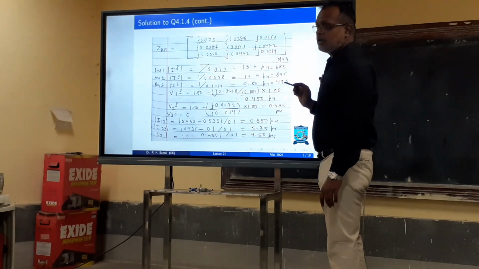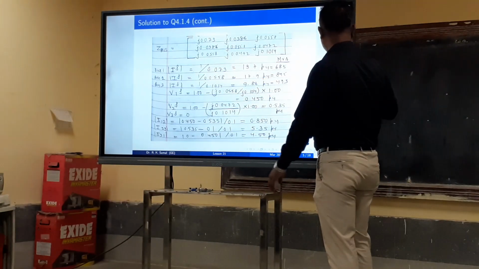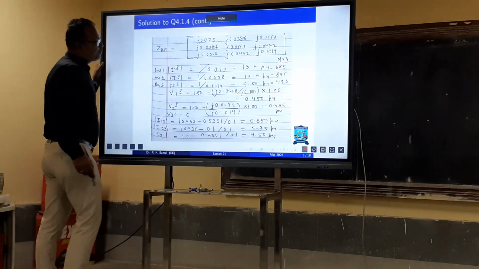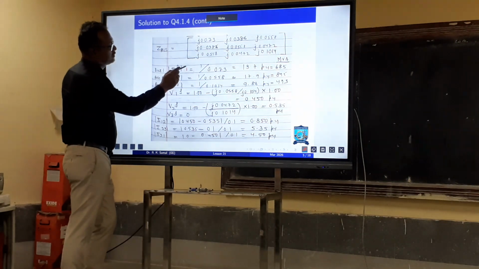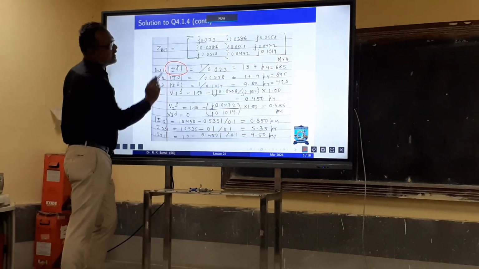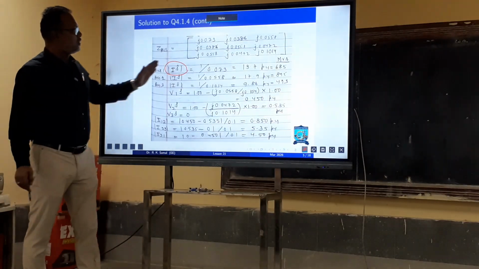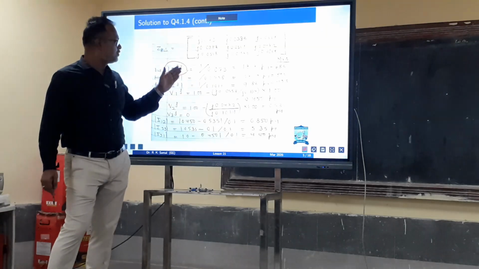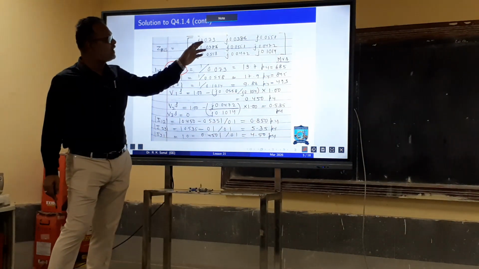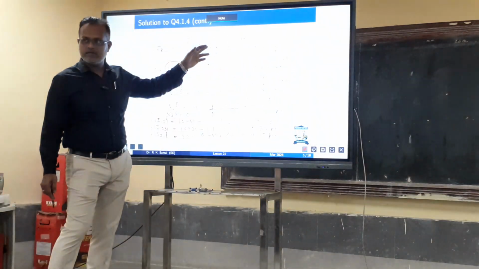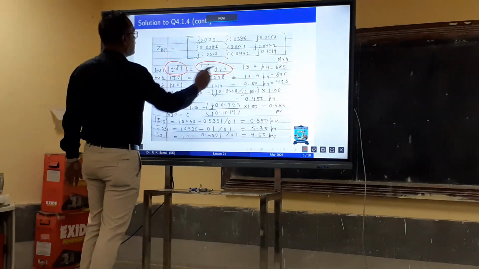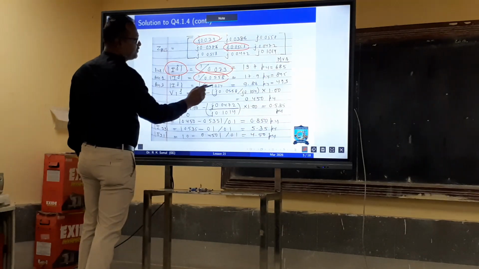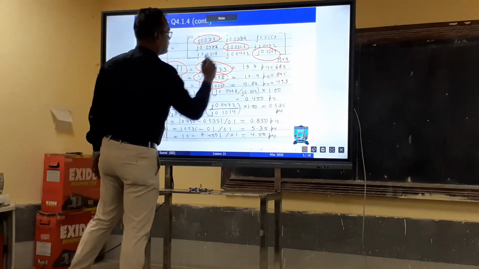So how to find out the short circuit capacity? See here. For bus 1, the fault current is pre-fault voltage by the Z value. Pre-fault voltage is 1, Z value is 0.073. Similarly, for bus 2 it is the diagonal element, and for bus 3 it is this diagonal element.